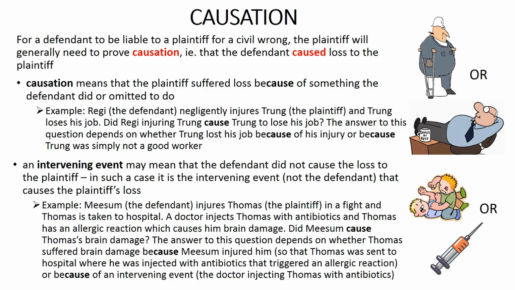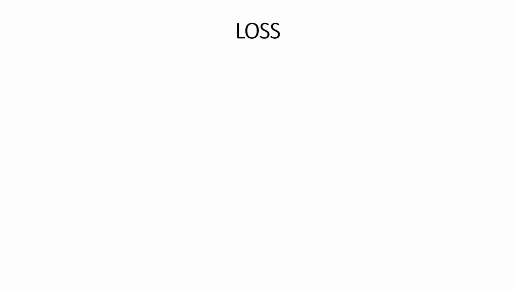If Meeson caused Thomas's brain damage, then Meeson will be liable for that loss. On the other hand, if the doctor injecting Thomas with antibiotics was the real cause of Thomas's brain damage, then Meeson will not be liable for that loss because he did not cause Thomas's brain damage.